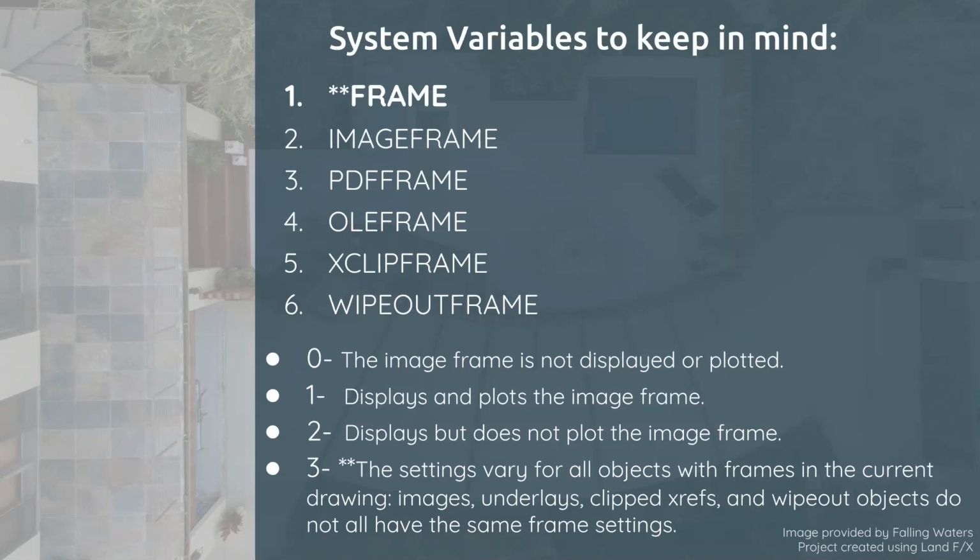The thing to note is that if you just simply type FRAME, that is the overarching master setting for any of these. If FRAME is set to value number 3, that means that you have different settings for any of these other system variables. So to quickly blanket uniform the way that you want it to be, set that FRAME to 0, 1, or 2, and every other one of those commands will jump to that, and you're going to be consistent throughout.